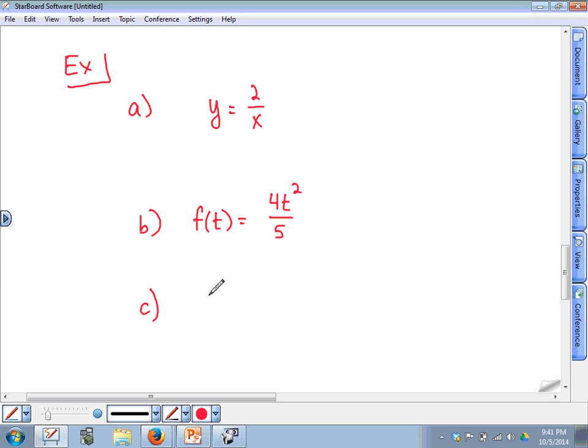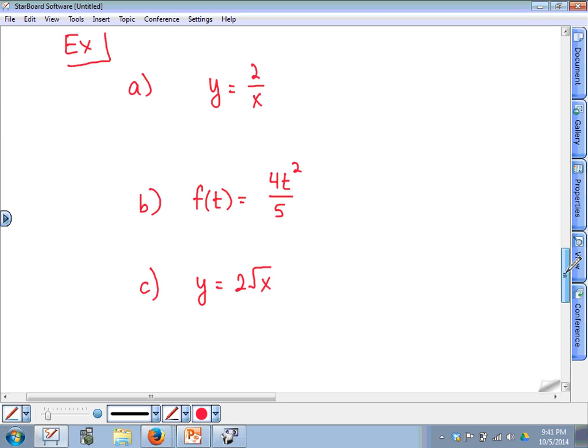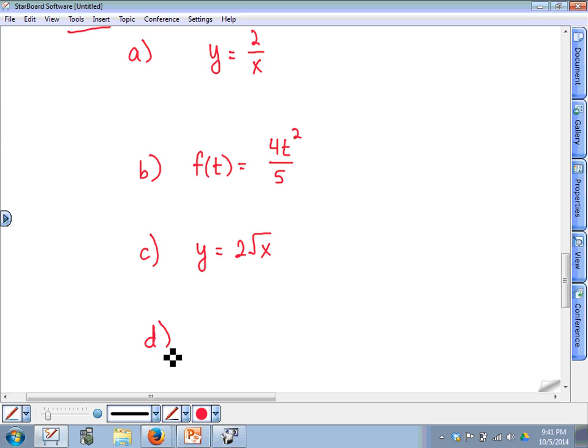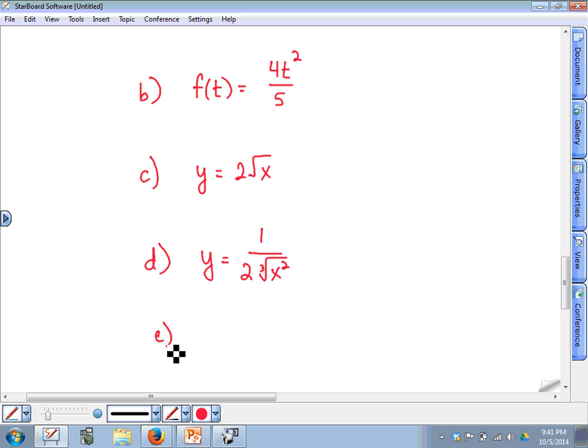For part C, let's say that y is equal to 2 times the square root of x. For part D, y equals 1 divided by 2 times the cube root of x squared. And then for part E, y equals negative 3x over 2.